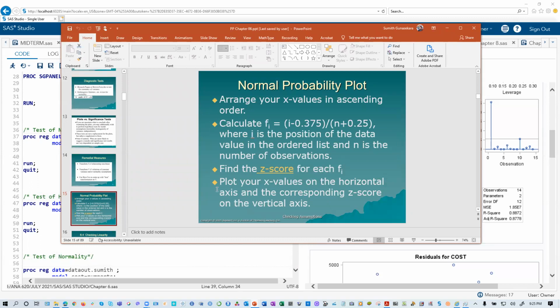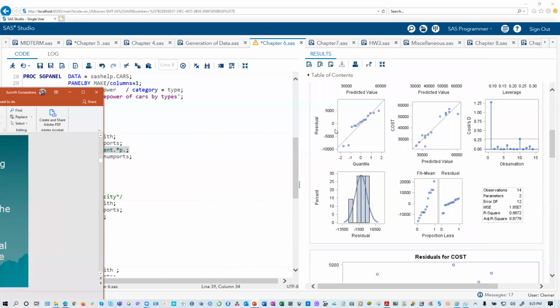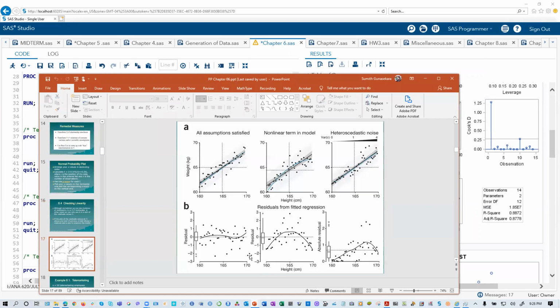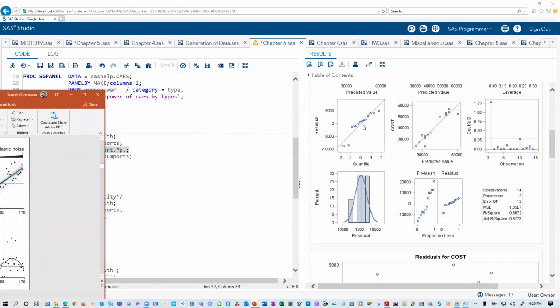Then get the z-score. Plot your x value on the horizontal axis and the z-score, which is the theoretical quantile, on that side. Residual and the quantile this way. They have to have this kind of a shape, so they're fitting into this line this way.